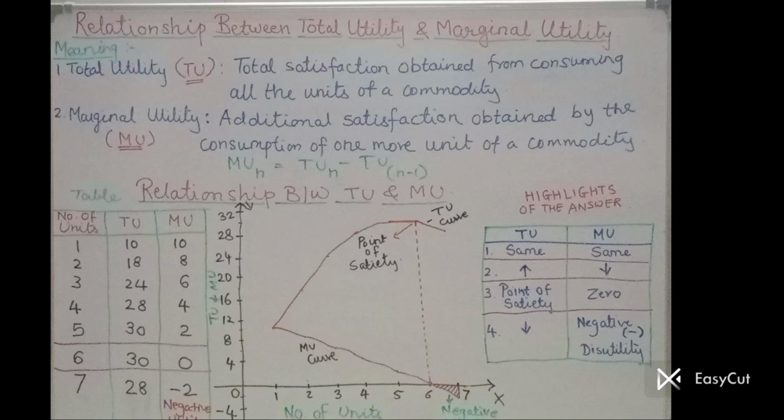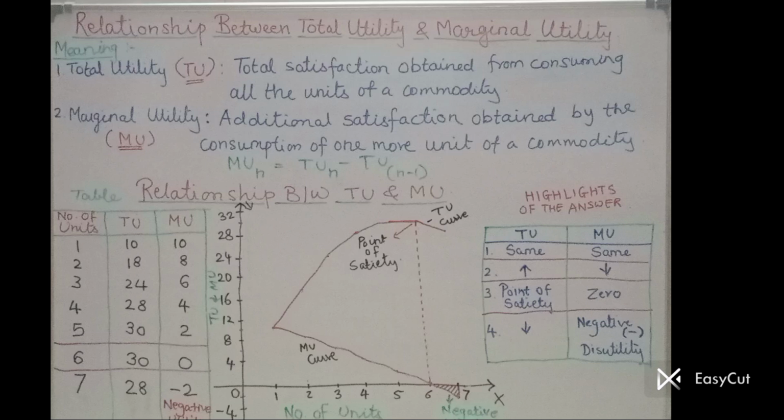So he experiences negative utility. I have shown on the board it is -2 because earlier his TU was 30, now it has fallen to 28. So there is -2, additional benefit has decreased by 2. So this -2 is called negative utility, or we may also call it disutility.